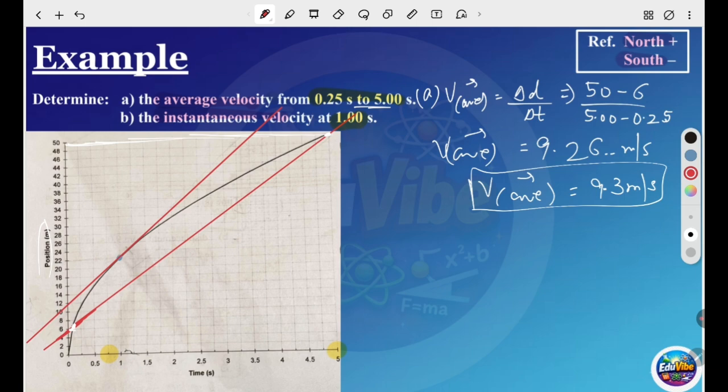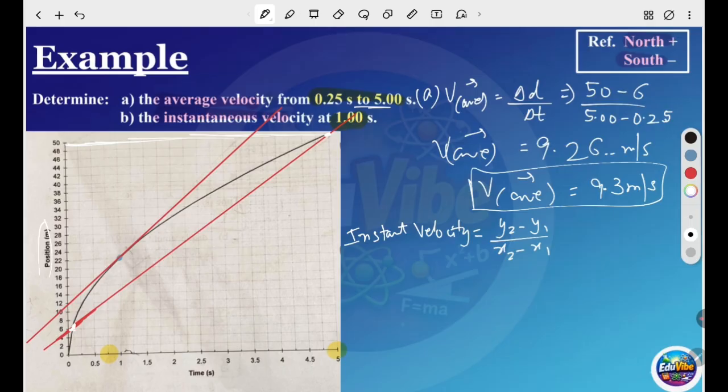For instantaneous velocity we need y2 minus y1 upon x2 minus x1. So we want 2 points on that tangent.